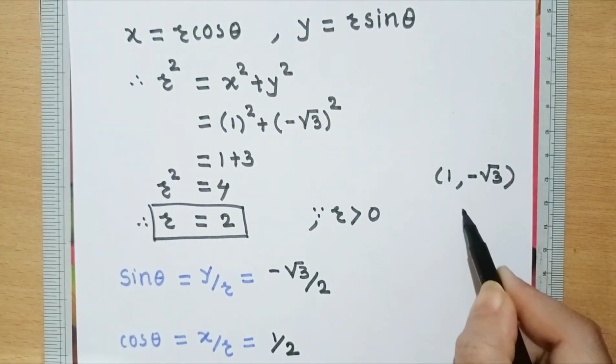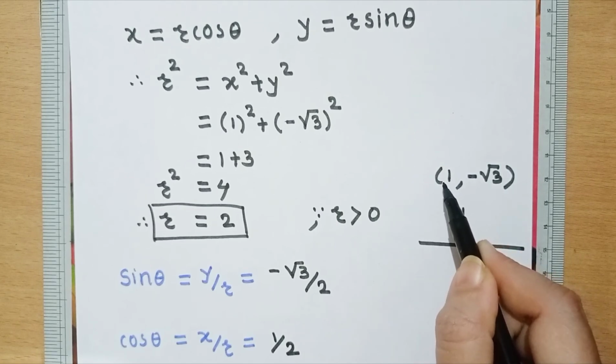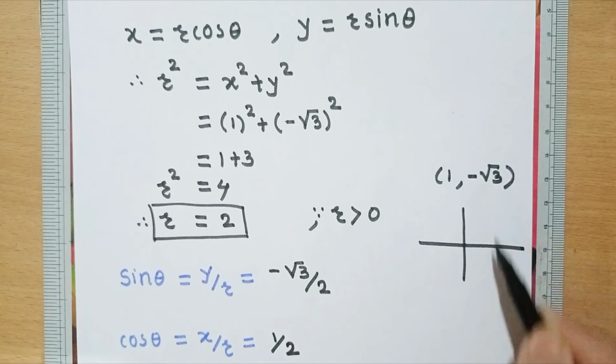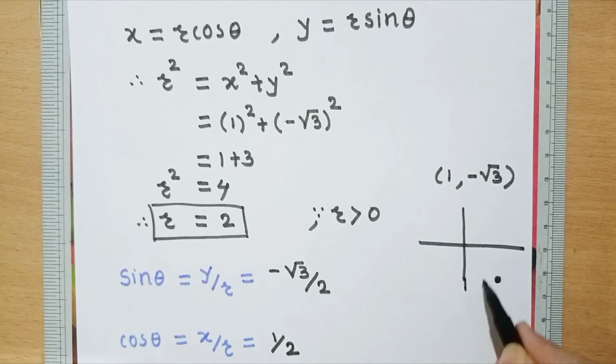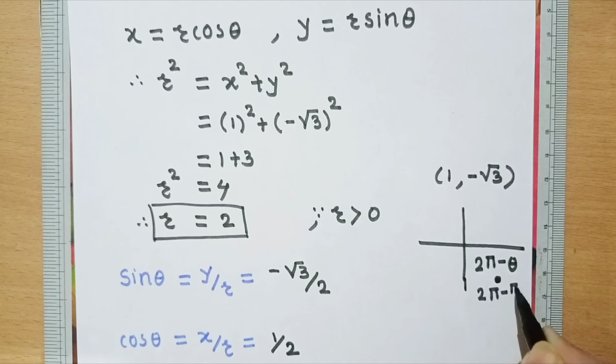Now look here, this point lies, x coordinate is positive, y coordinate is negative. That means this point lies in the fourth quadrant, and here the angle is measured as 2 pi minus theta. And here the value of sine is root 3 upon 2, and this is for 60. So we will substitute theta as pi by 3. So 2 pi minus pi by 3.